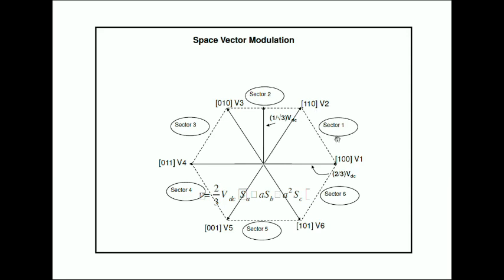In this sector 1, we have v1 and v2 as the two vectors, and any vector in between can be made using these two vectors v1 and v2. Like that, in between this, if you want a vector, you can use a combination of v2 and v3 with variation in the magnitude. Then you will get any vector in between. In the same way here, if you want to make any vector, then v4 and v3 are used.